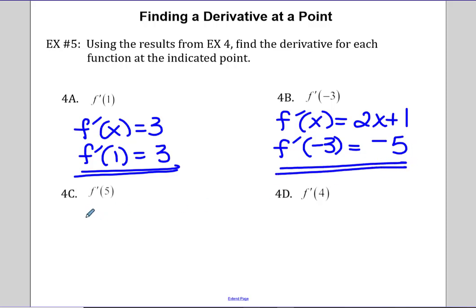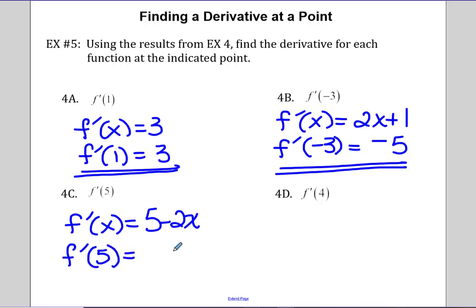In example C, our f prime of x was 5 minus 2x. So our derivative at 5 is 5 minus 10. So 5 minus 10 is negative 5.